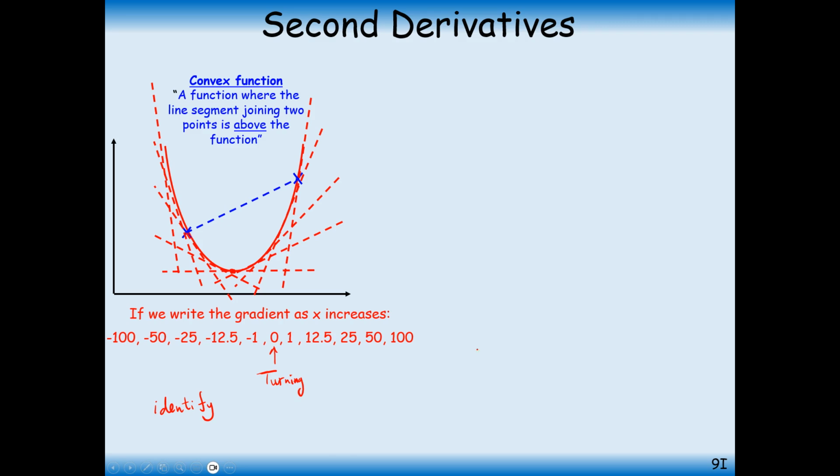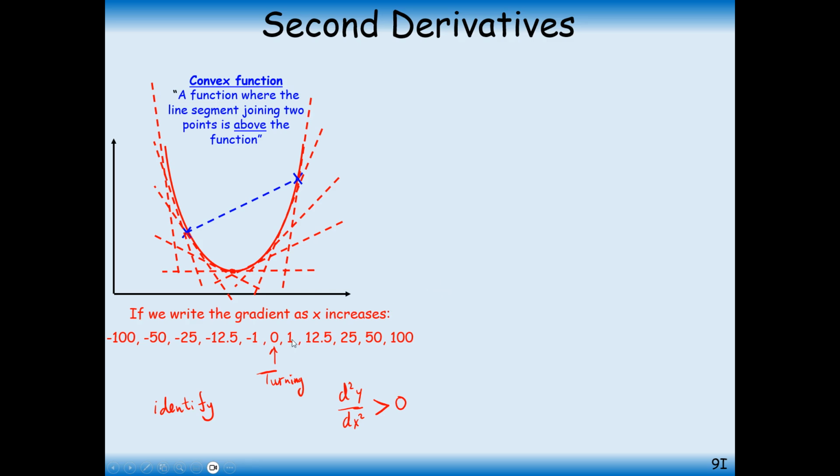Well, you did briefly see at the end of the year that when the second derivative, d squared y by dx squared, is bigger than zero, at that point you will know that the point is a minimum. And this is the reason for it.